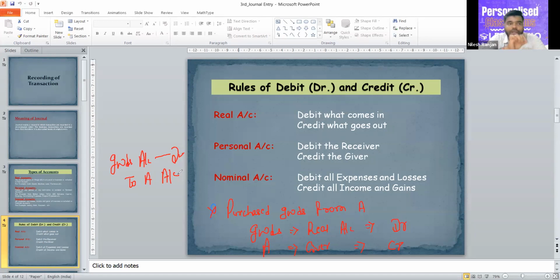But if he decides to pay us in future, then he is a debtor for us. So this is our personal account: purchase goods from A or received money from A.